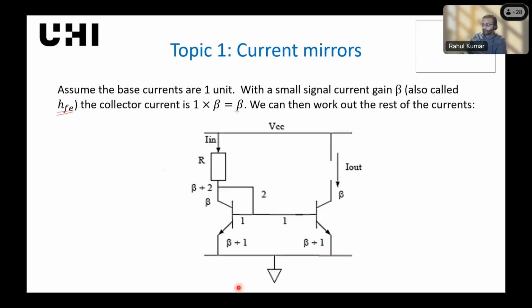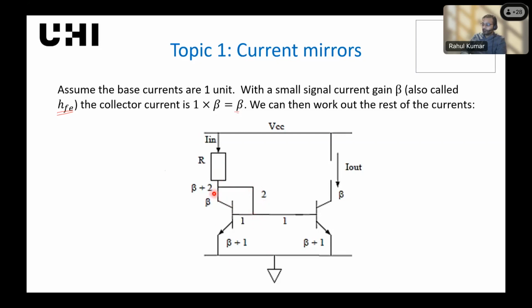So if we go back to the previous circuit, the input current, we are talking about this current, it is basically VCC minus, since you have connected the base and the collector terminal, you won't have any voltage drop here.